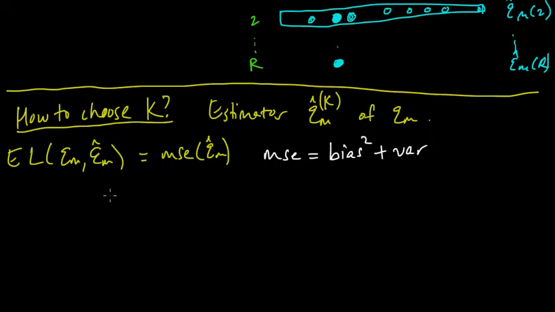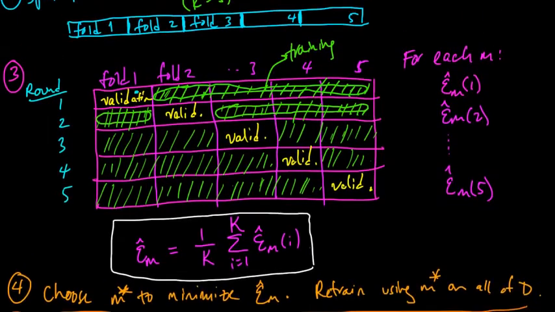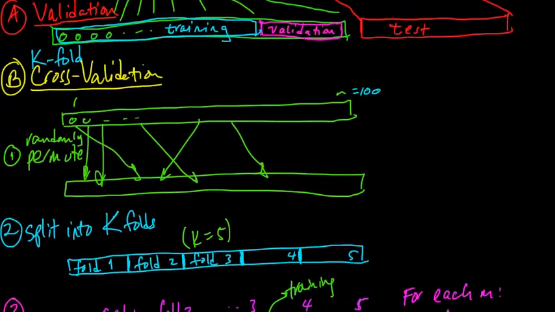What makes sense? Let's think about what happens when k is large, for example when k is n, the total number of data points. When k was n, that was leave one out cross validation. Let's go back up to our data here.